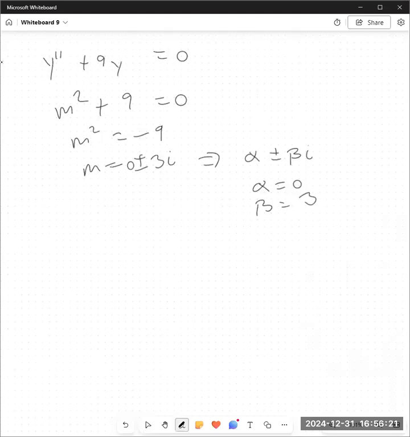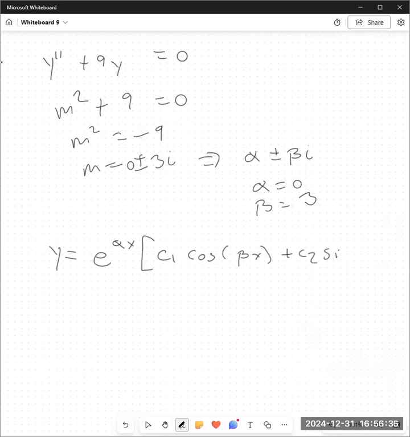Now I want to write my solution in the form of y equals e to the alpha x times c1 cosine of beta x plus c2 sine of beta x. That's what case 3 tells me to do when I get a complex solution like this.